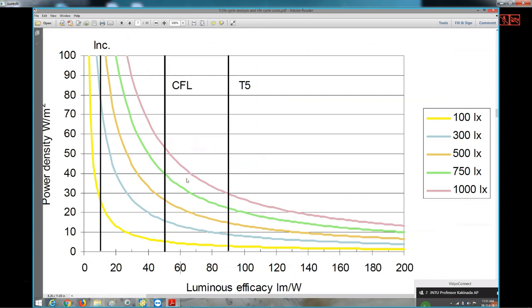But as the lux is increasing, they are going to stand among different types of power densities. The least power density here is the incandescent lamp, appearing almost 0 to 10 watts per meter square. As the lux increases, the ranges change from 0 to 20, then 40 to 60, and 80 to 100.